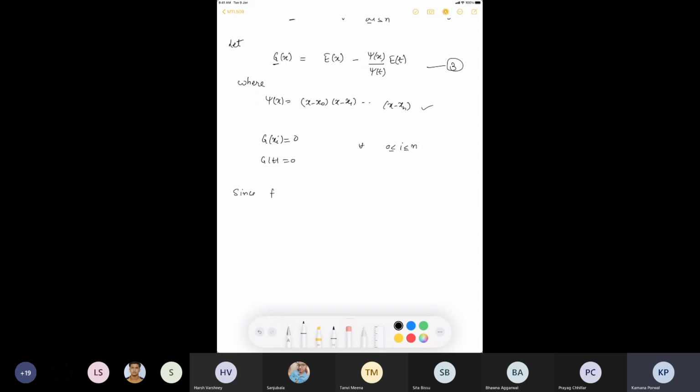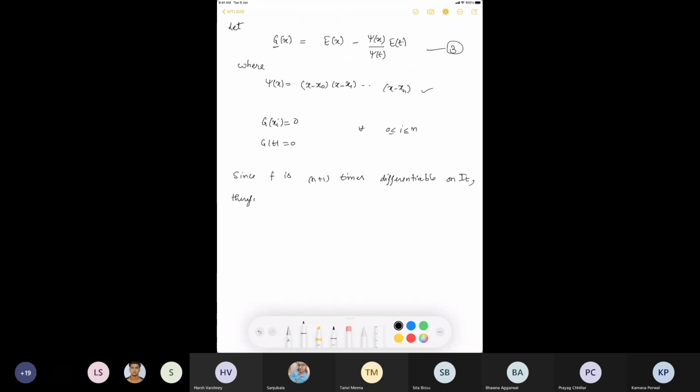Since f is n plus 1 times differentiable on the interval, therefore g of x is also n plus 1 times continuously differentiable.